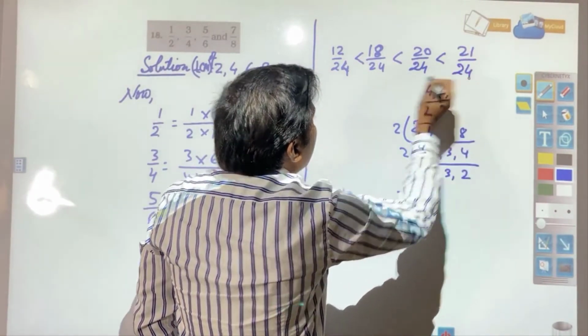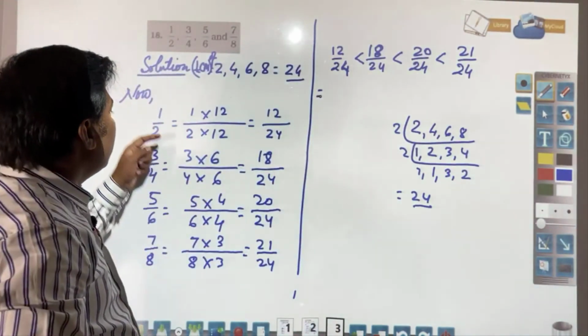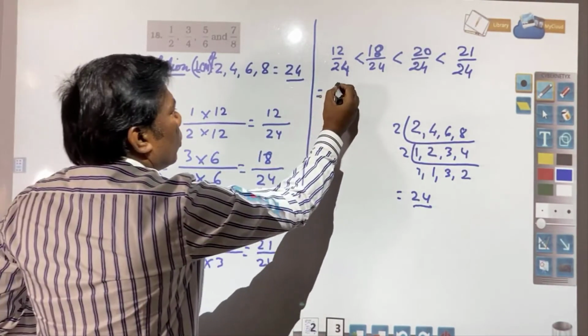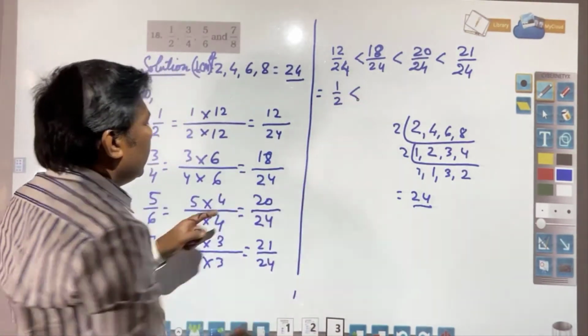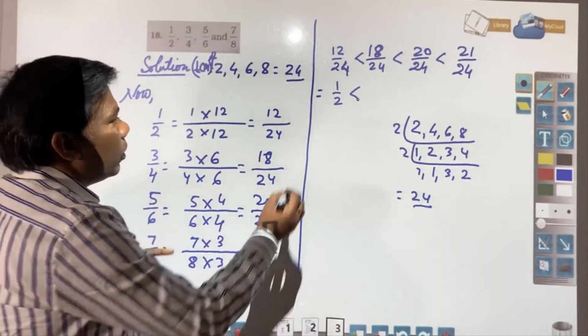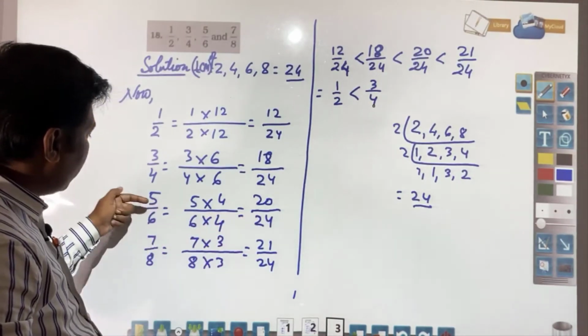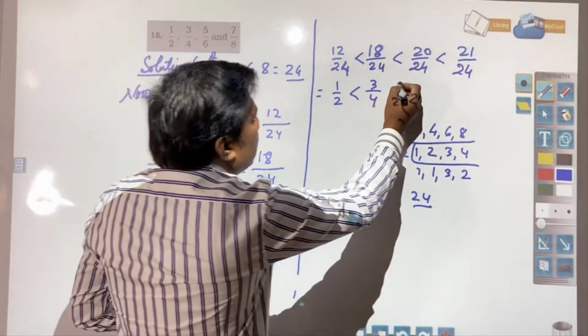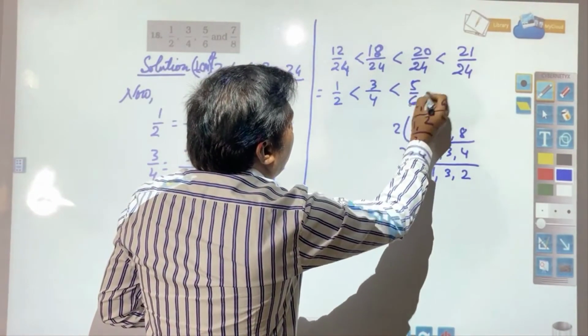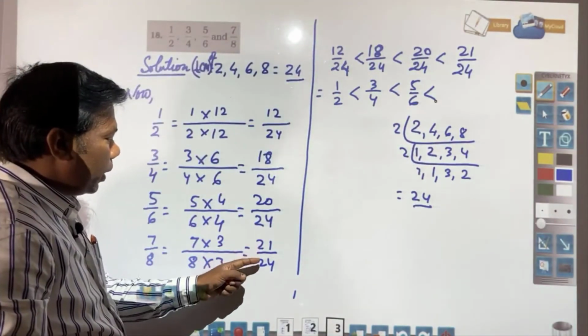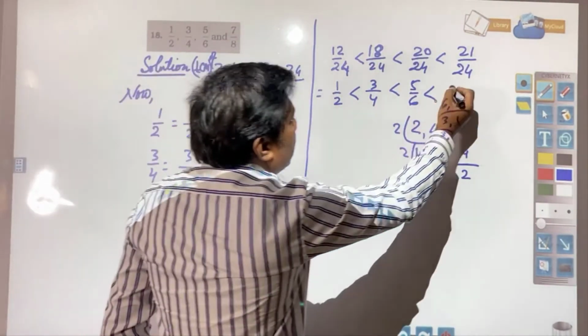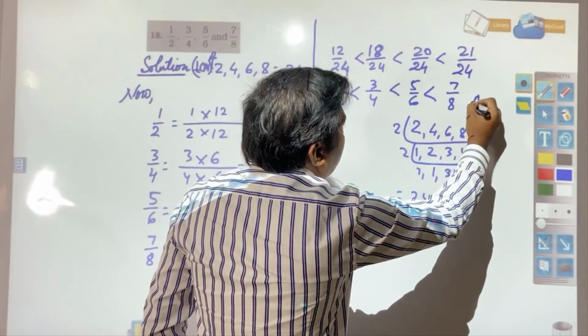It means what? 12 by 24 means 1 by 2. 18 by 24 means 3 by 4. 20 by 24 means 5 by 6. And 21 by 24 means 7 by 8. So this is your answer.